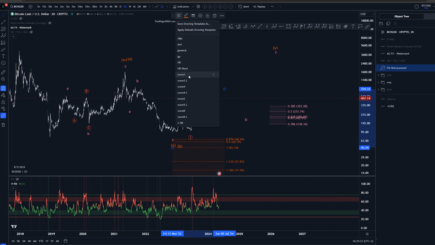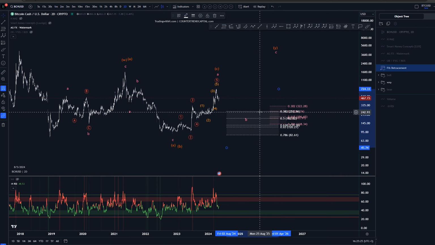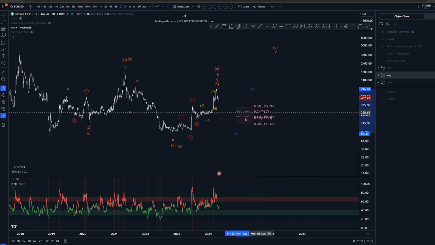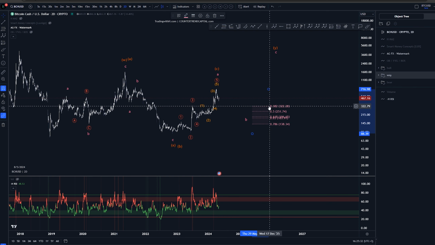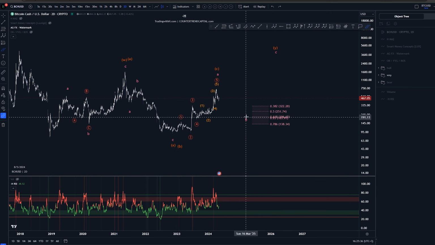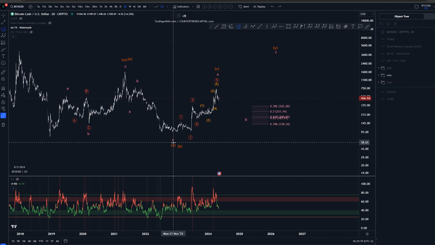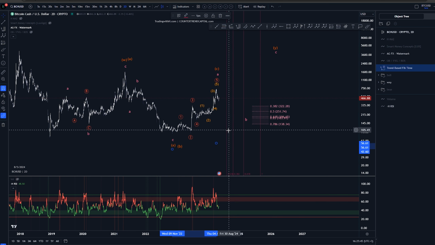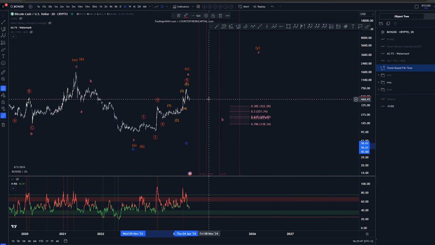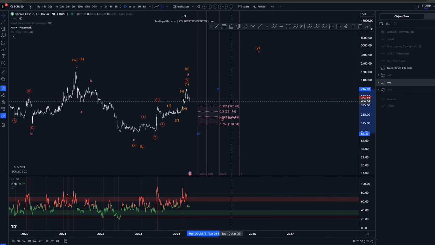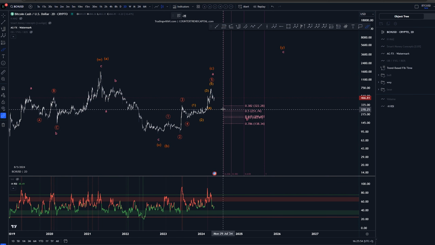Again, generally, I would want to see at least a 38.2 retracement. Where did I bring this from? Here we go, that's the one. A 38.2% retracement of this original move for that wave B, at least, and also at least 23.6% in time to be completed before I would be expecting that wave B to be even closely over.